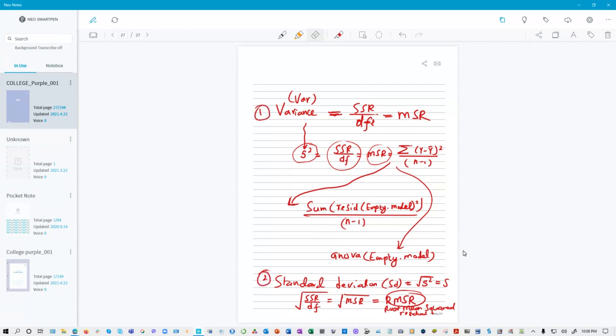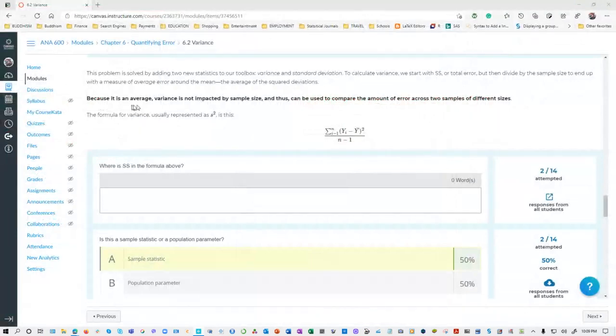This checks the variation, or the error, across all the data. Variance is not affected by sample size and thus can be used to compare the amount of error across two samples of different sizes. Different sizes don't matter; you can utilize this.